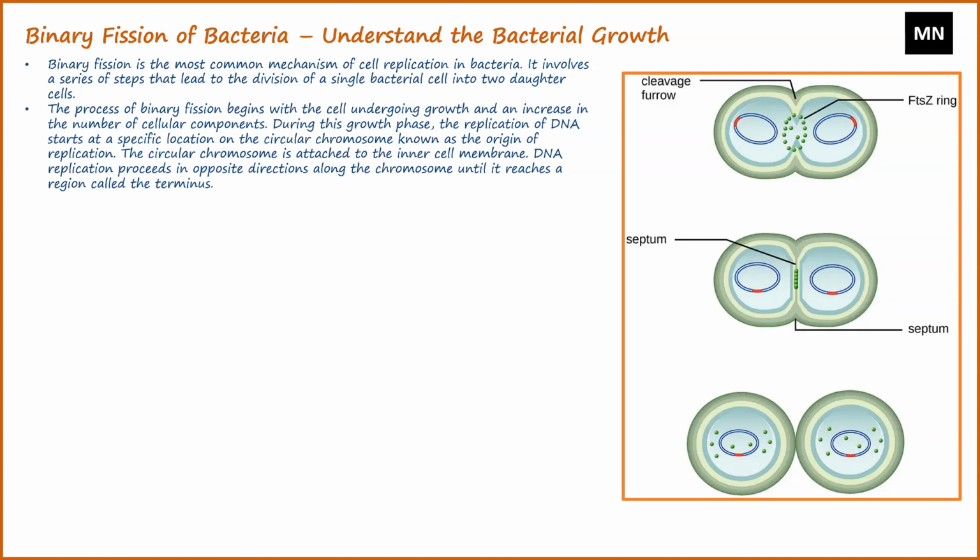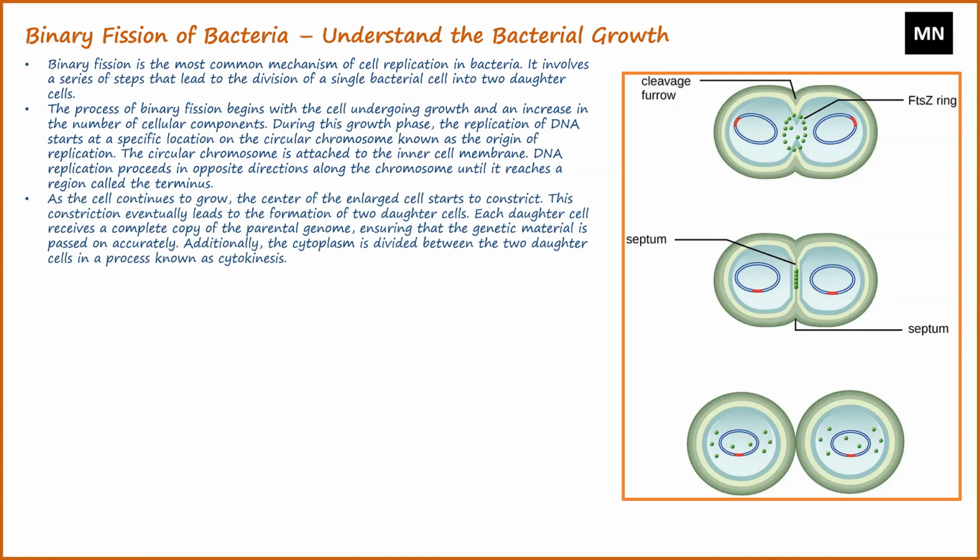During this growth phase, the replication of DNA starts at a specific location on the circular chromosome known as the origin of replication. The circular chromosome is attached to the inner cell membrane. DNA replication proceeds in opposite directions along the chromosome until it reaches a region called the terminus.